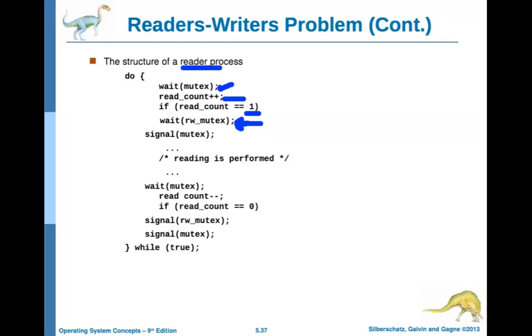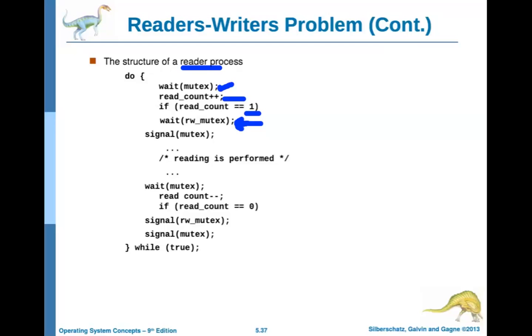If this is not the first reader, that definitely gives one logical step: nobody is writing, because the first reader already acquired the lock on RW mutex. And because this is a binary semaphore, if it is acquired by a reader, writers cannot write.